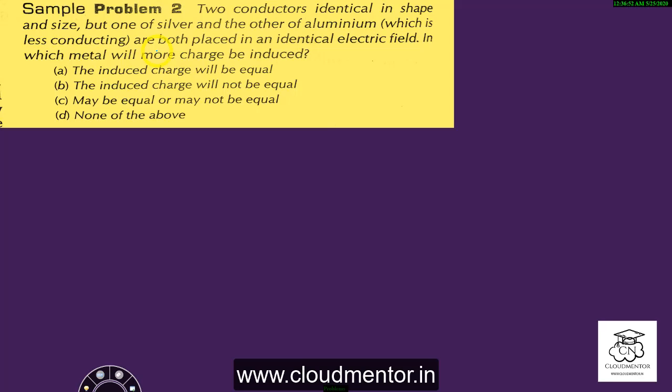From this question, we are going to figure out a fact related to induction on conductors. In case of induction, the maximum induced charge is given by the equation Q dash equal to minus Q multiplied by 1 minus 1 by K, where K is the dielectric constant.